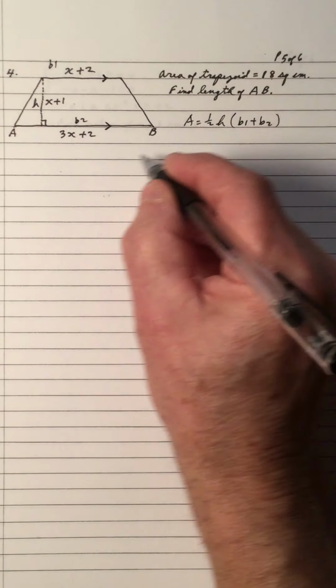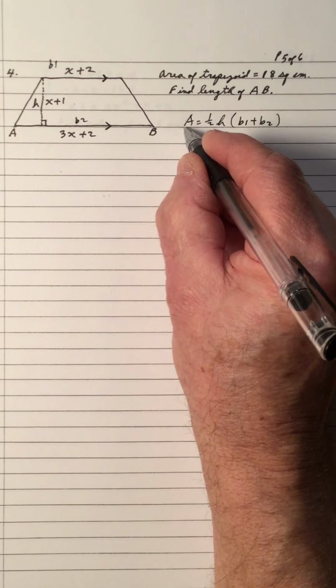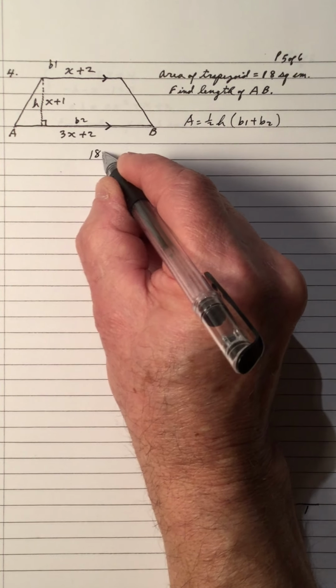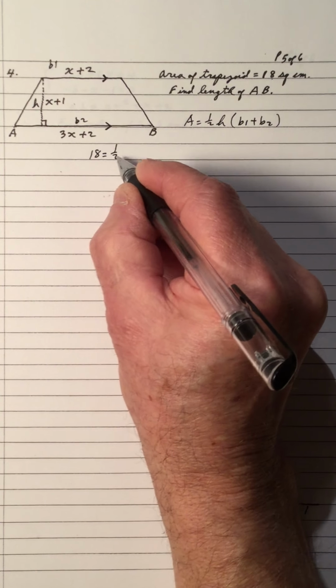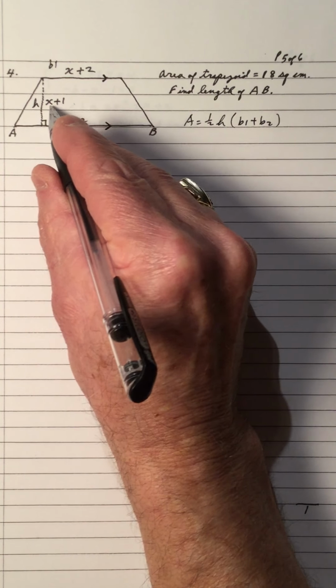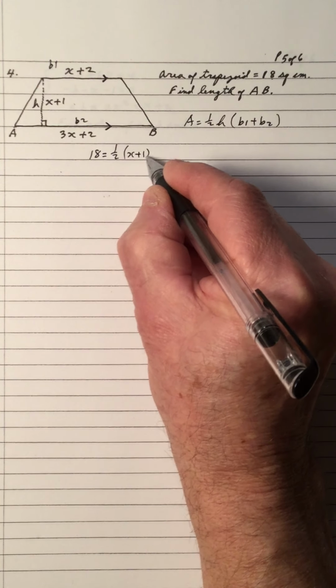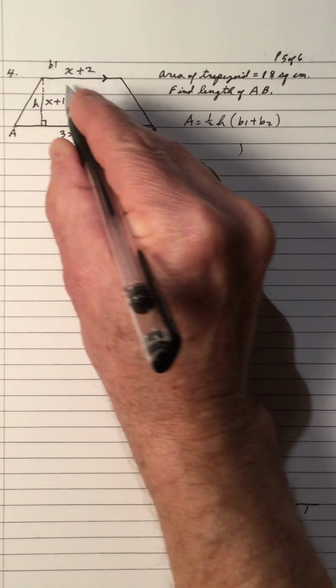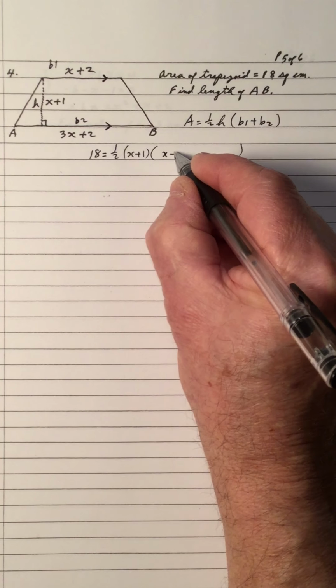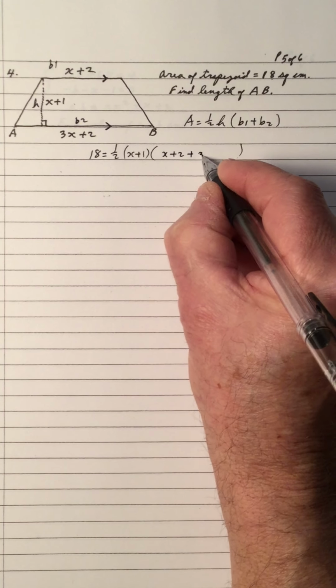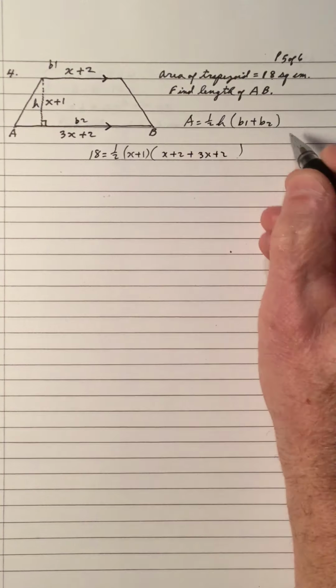So the area is 18, so I can put down 18 as the area, equals a half. The height is x plus 1. And the bases are x plus 2, add on 3x plus 2.